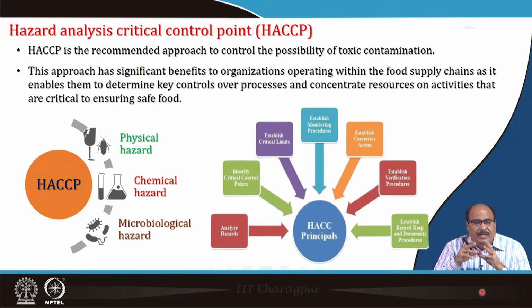So, hazard analysis and critical control points is a recommended approach to control the possibility of any toxic contamination or any hazardous matter present in the food. Okay. This approach has significant benefit to organizations operating within the food supply chain, as it enables them to determine key control over processes and concentrate resources on activities that are critical to ensuring safe food.